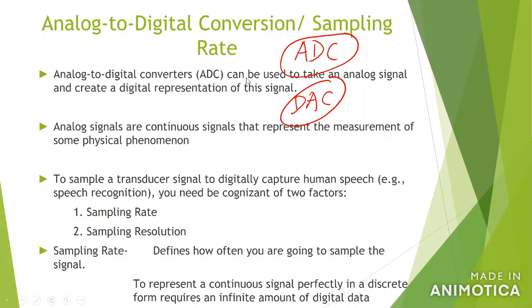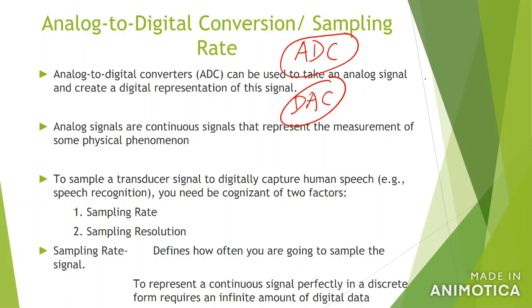So ADC is used to convert analog signals like temperature. For example, if you have a temperature sensor, the signal captured by the temperature sensor is the temperature. So the temperature signal actually is a kind of analog signal. So you need to convert this analog signal into digital.